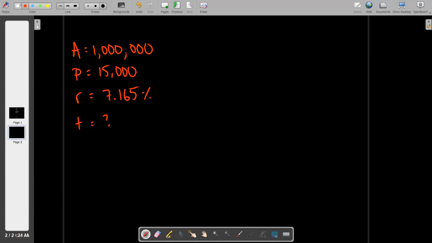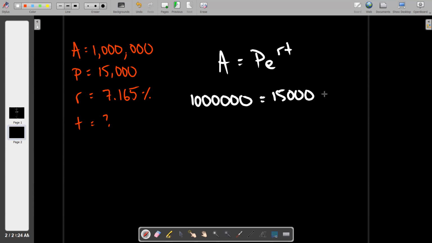So step 1 is write the formula. And the formula is final amount equals PERT: A = P times e to the rt. In place of A, I'm going to put $1 million. That's a 1 with 6 zeros after it. And in place of P, I'm going to put 15,000. In place of e, I'm going to put e.